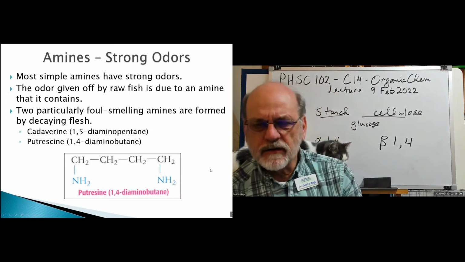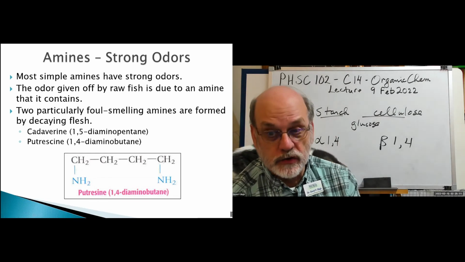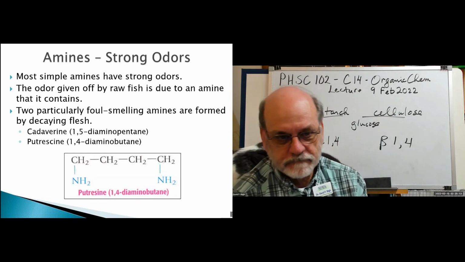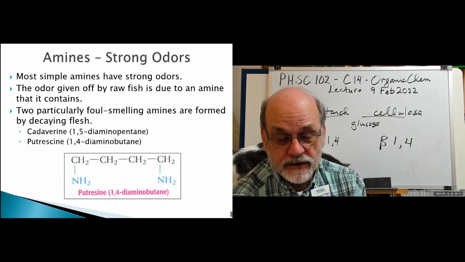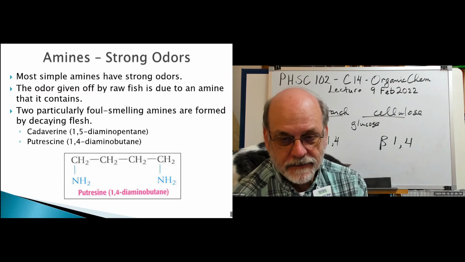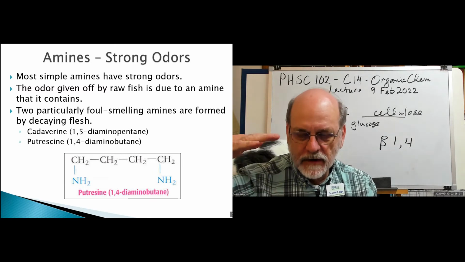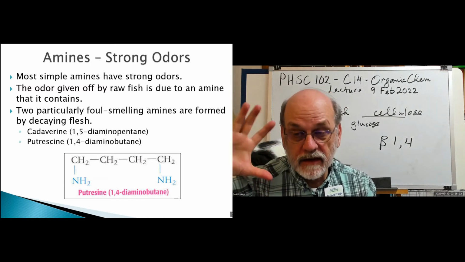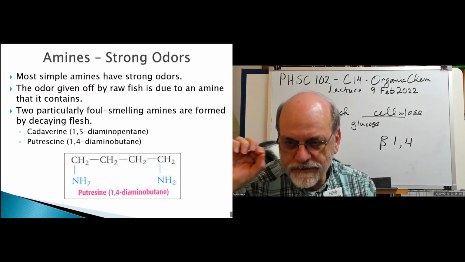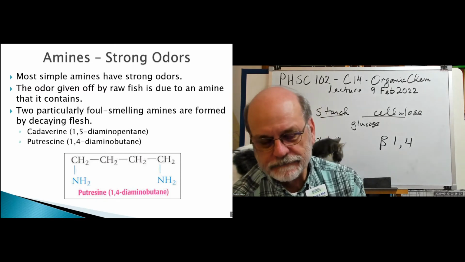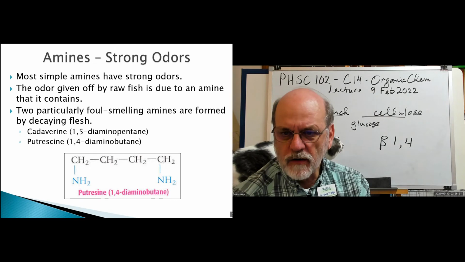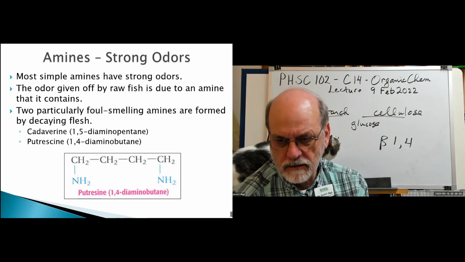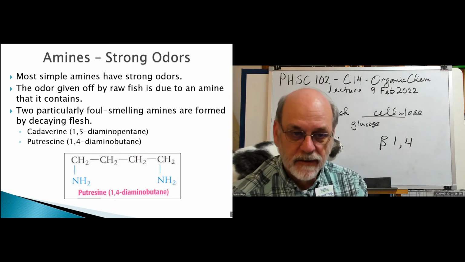One characteristic of amines is they have very strong odors. It's easy to detect amines. The concentration of amine in the air can be very, very low, and we'll still detect it. Two of the more noxious ones are formed by decaying flesh.